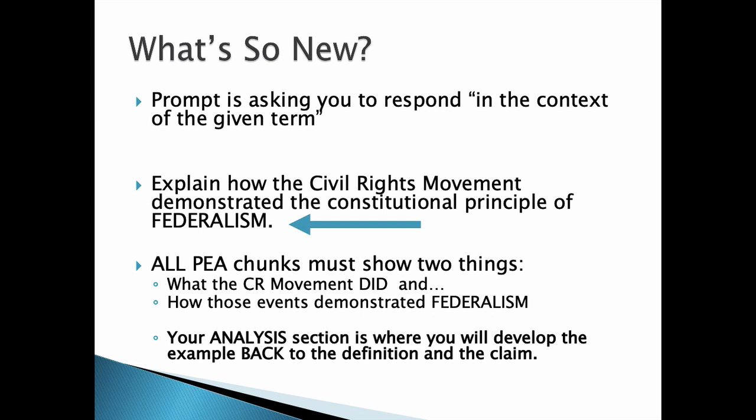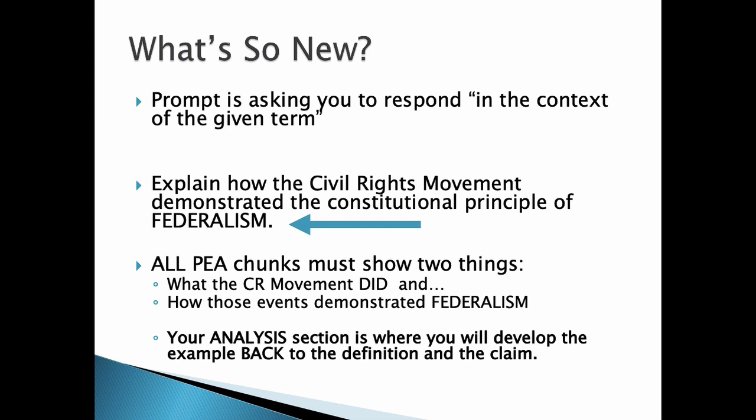And so how is this new? Yes, there's a new purple box on our PEA paragraph diagram, but what is that really asking us to do? The prompt is asking us to respond in the context of a given term. So for example, explain how the civil rights movement demonstrated the constitutional principle of federalism. So we're not asked to just respond and say, here's 3 things the civil rights movement did.